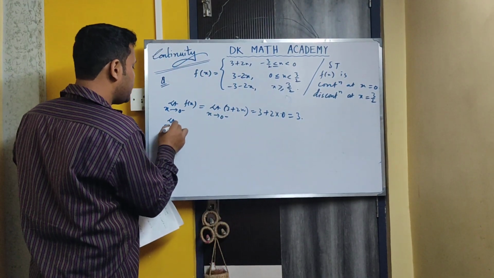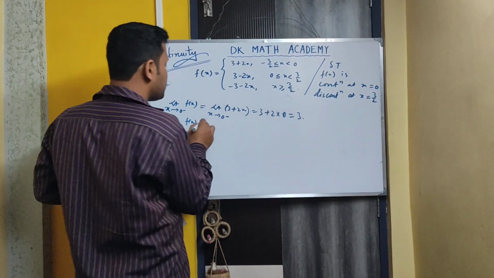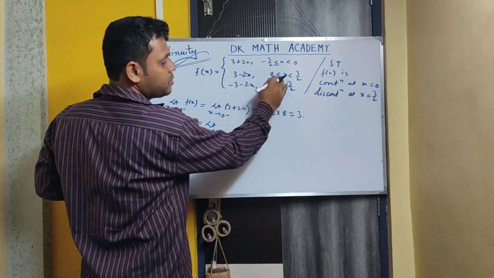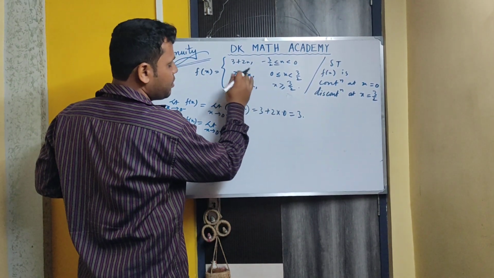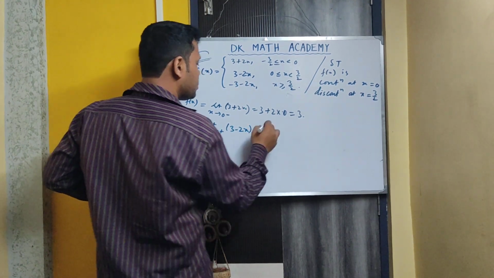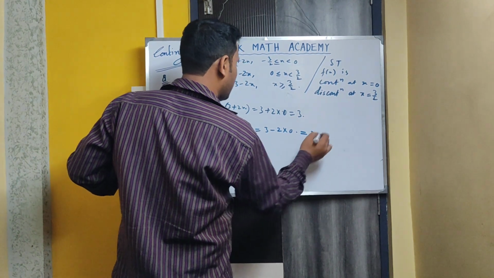The right hand side limit, that is limit x tends to 0 plus of f(x): at the right of 0, the function is 3 minus 2x. This is 3 minus 2 into 0, that means 3.